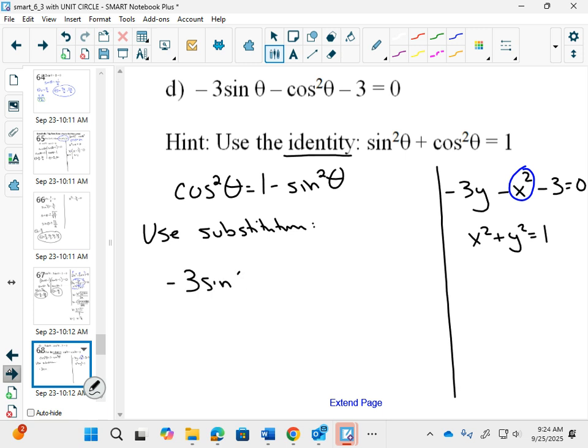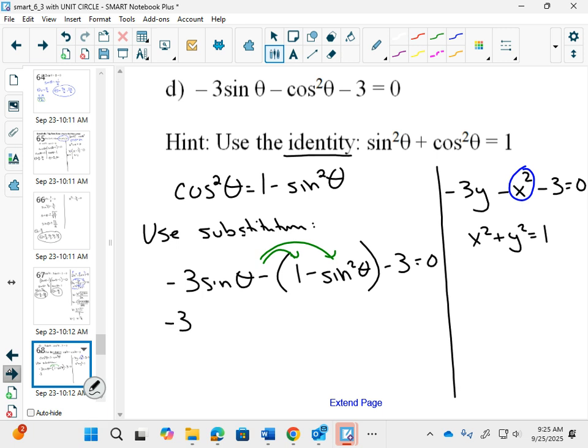And in my equation, where the cos squared was, I can put a bracket and I can replace it with 1 minus sine squared theta. Really important that I put brackets because this minus sign is going to distribute to both of those. And what are we going to get?